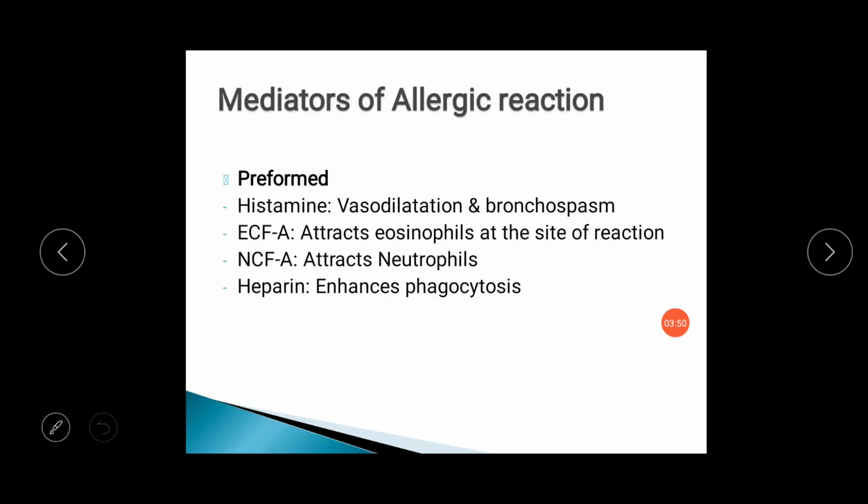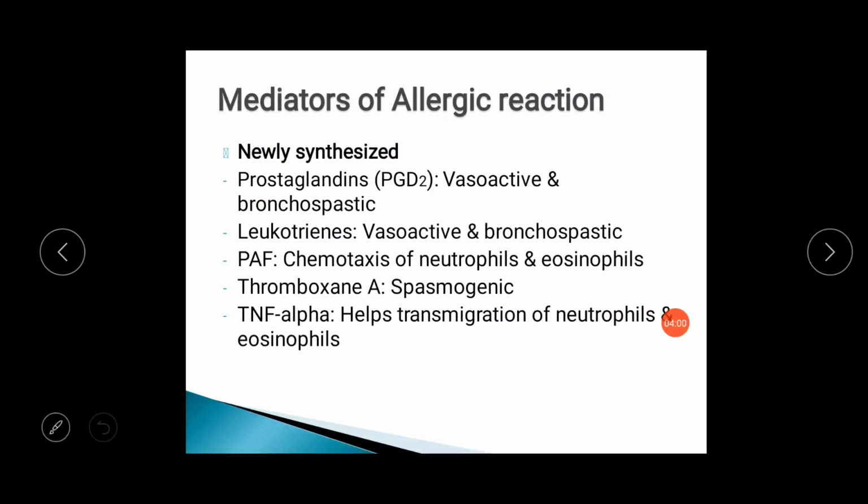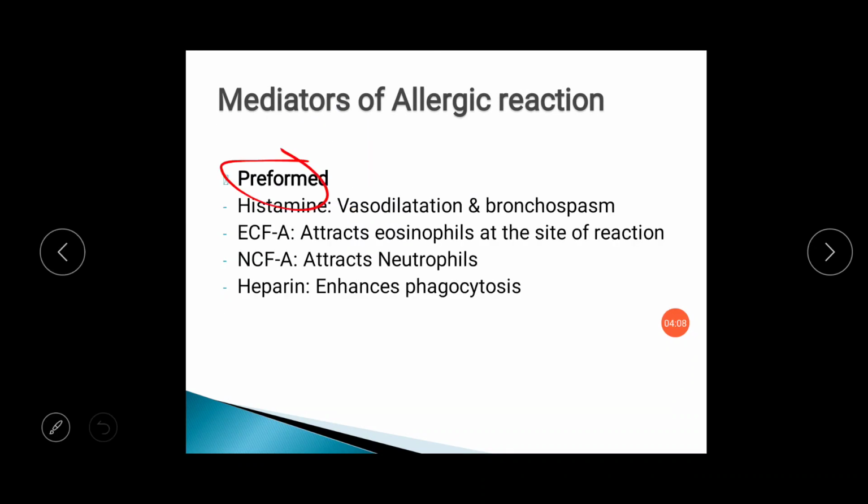The different mediators of allergic reaction are divided into two parts: preformed mediators which are already present in mast cells, and others which are newly synthesized whenever antigen-attached IgE antibody binds the mast cell receptor. Preformed mediators are histamine, eosinophil chemotactic factor A, neutrophil chemotactic factor A and heparin.